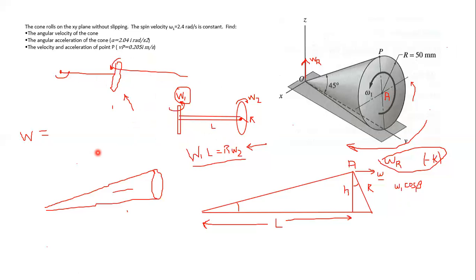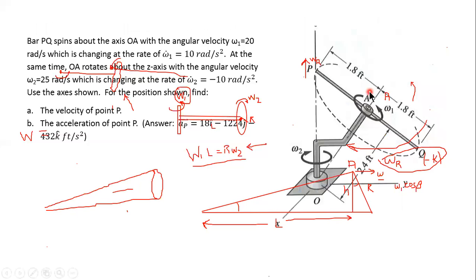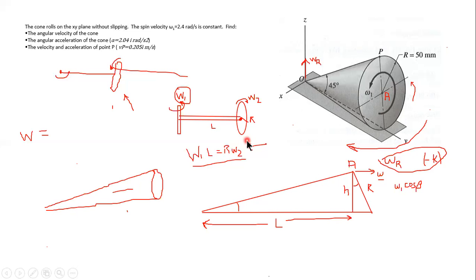Okay, more questions. So is omega R 2.4? No, this omega 1 over here is 2.4. So would omega 1 be 2.4 times cosine of the 22.5 J plus sine 22.5 K?